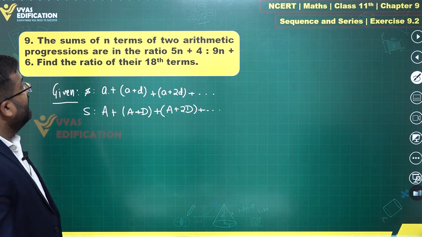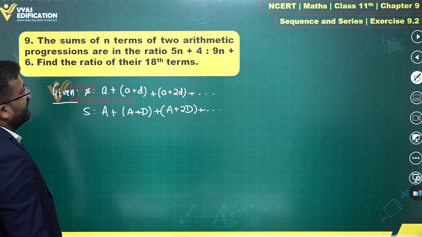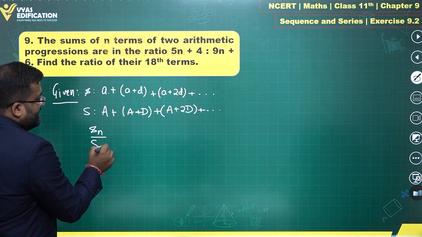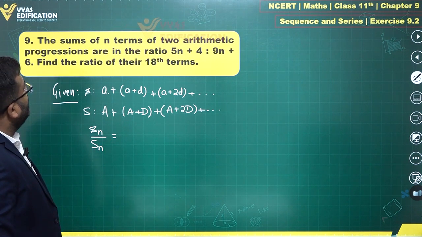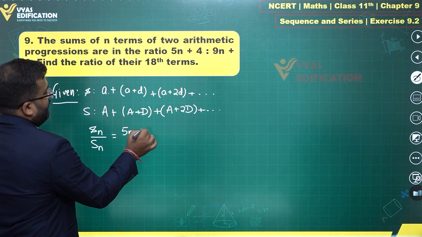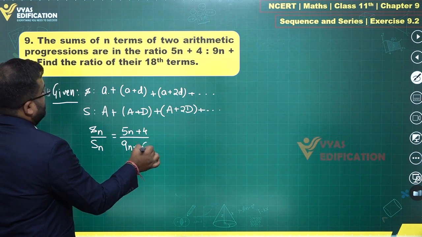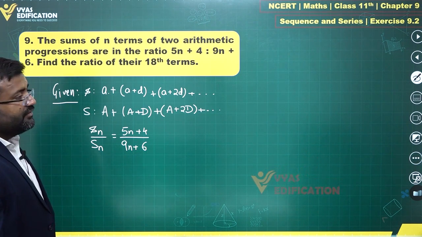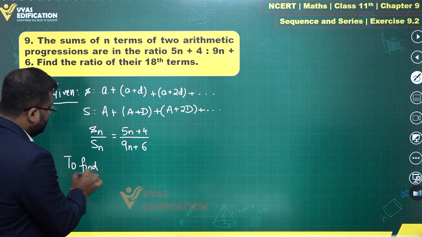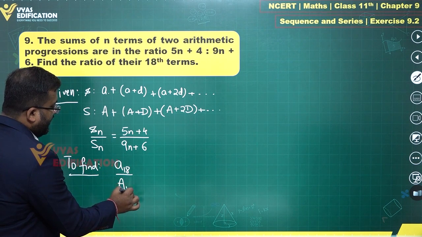Sum of first n terms of two arithmetic progressions are in the ratio, so small Sn upon capital Sn is 5n plus 4 upon 9n plus 6. Find the ratio of their 18th terms. To find small a18 upon capital A18.